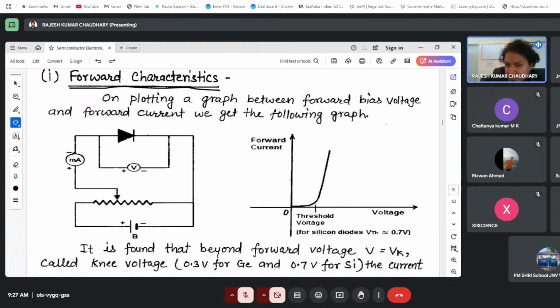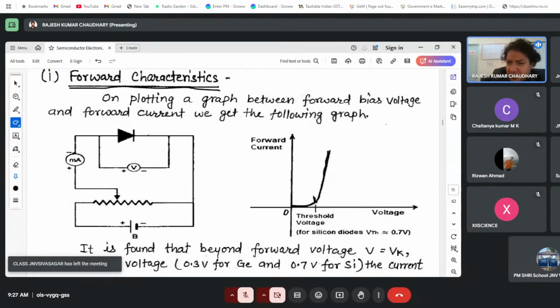Because this voltage is used to make the potential barrier lesser. At this point your potential barrier will become nil, will become zero, and after this point electrons can move very easily, making a high current.